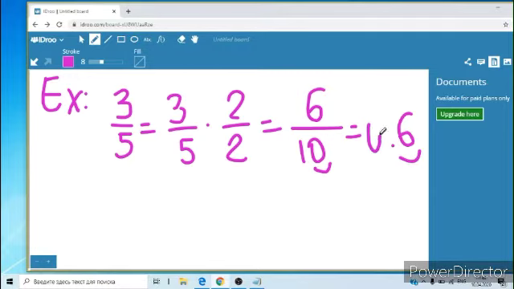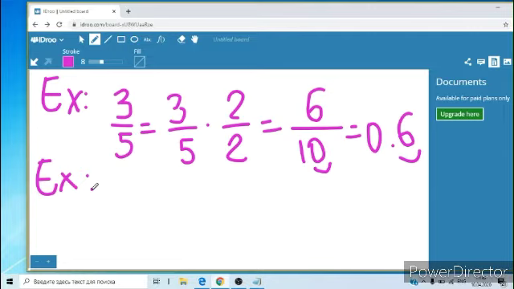So we can write 0.6. So 3 over 5 gives us 0.6, which stops. Our decimal is finite.